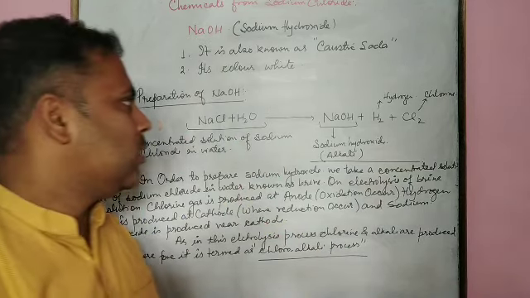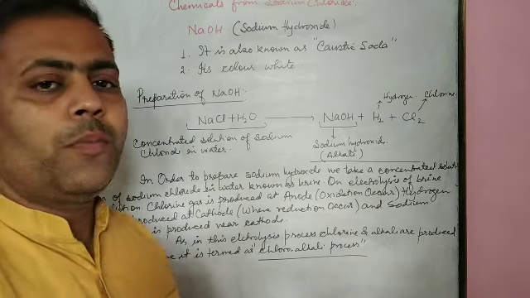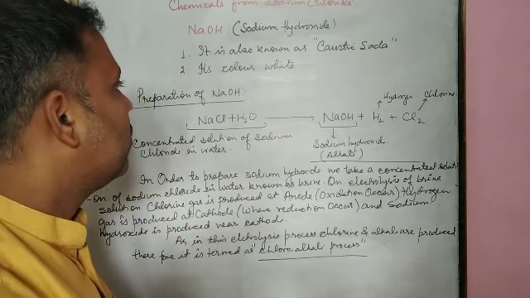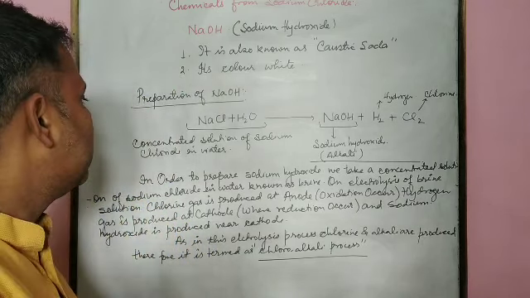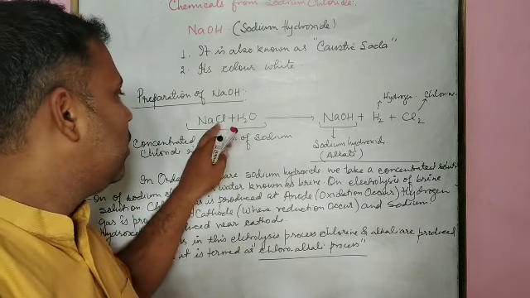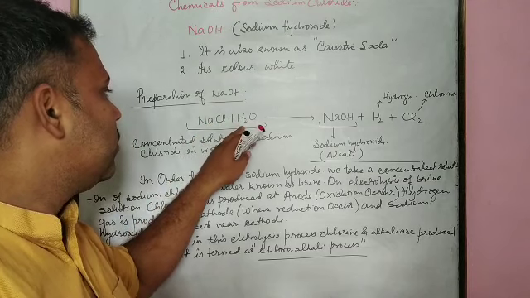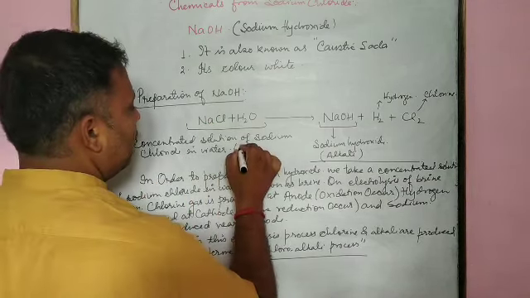What we have studied? We have studied that in order to prepare caustic soda or sodium hydroxide, we take a brine solution. Brine solution means a concentrated solution of sodium chloride in water.